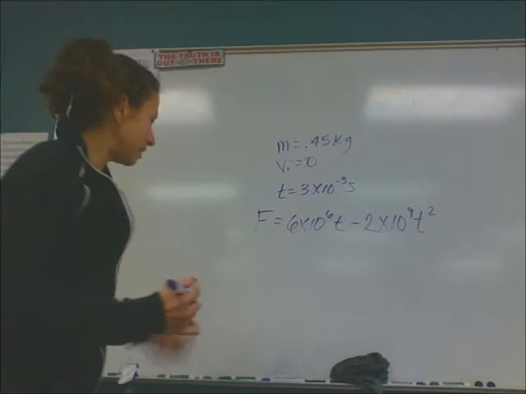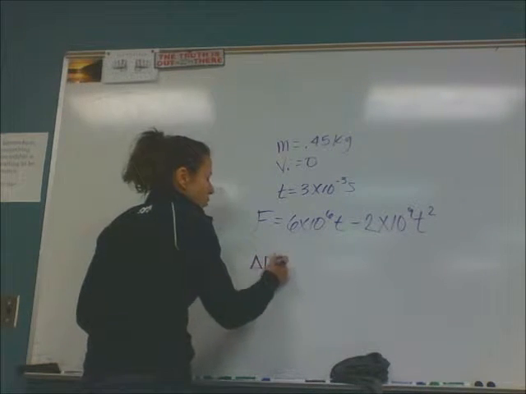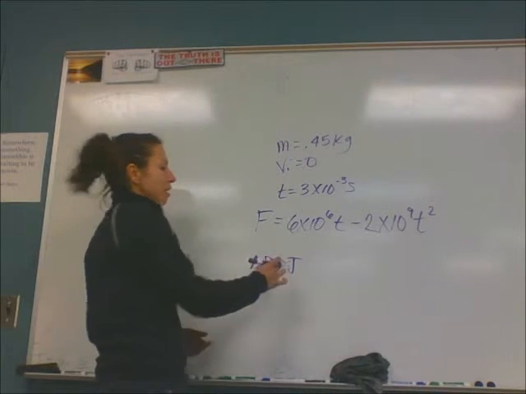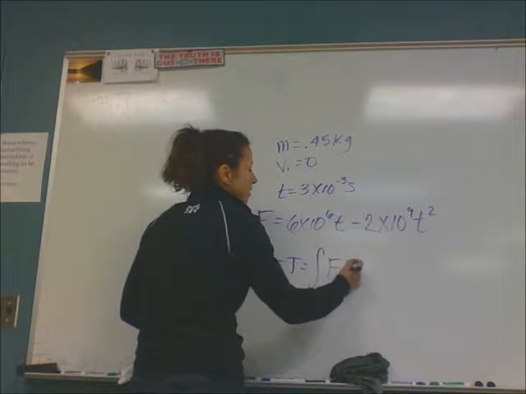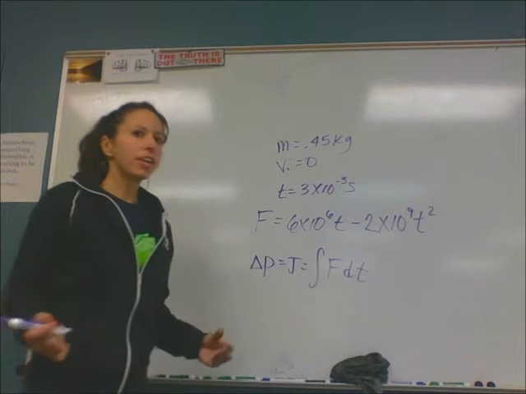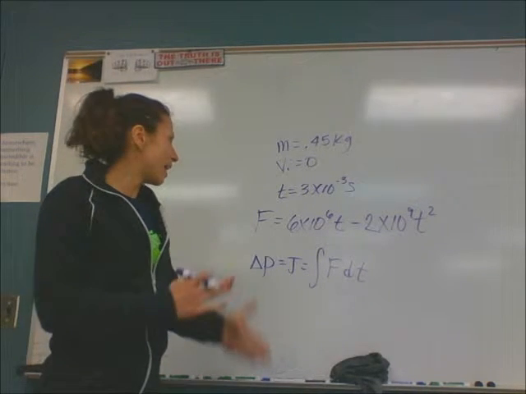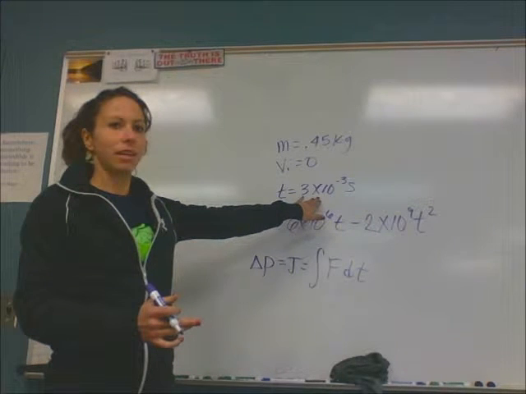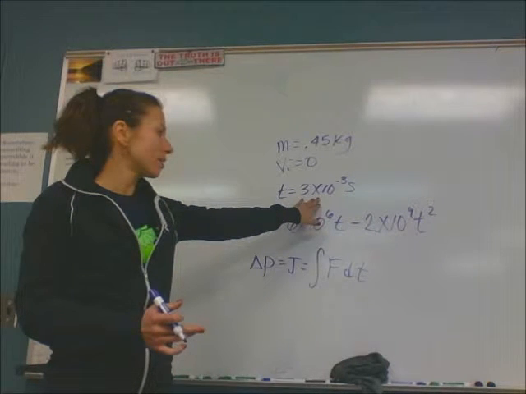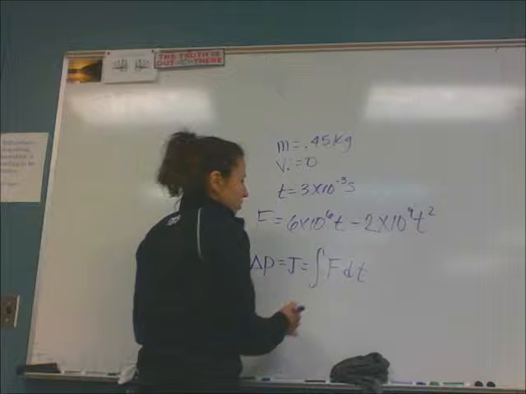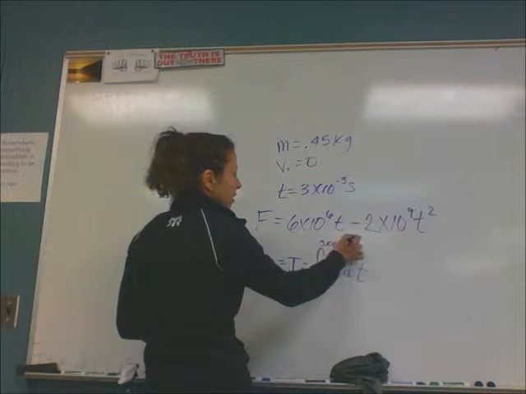What we have to do is put those in as boundaries. And the force function is the thing that we're integrating: the integral from 0 to 3 times 10 to the negative 3rd of 6 times 10 to the 6th t minus 2 times 10 to the 9th t squared dt.